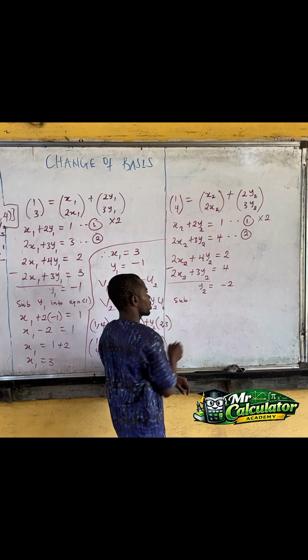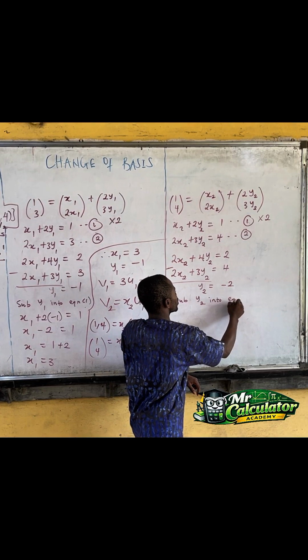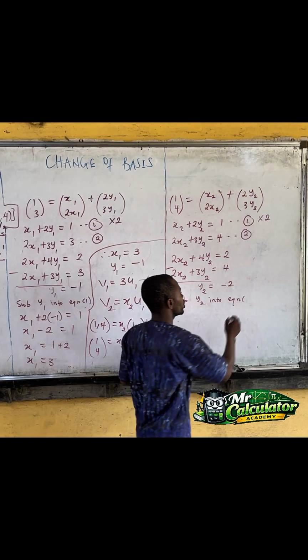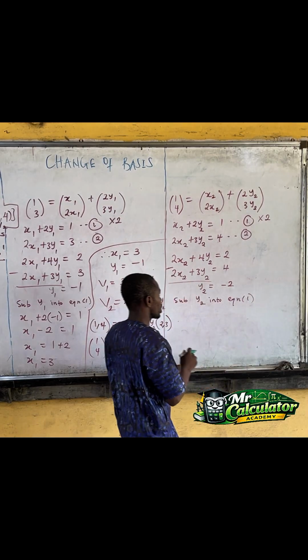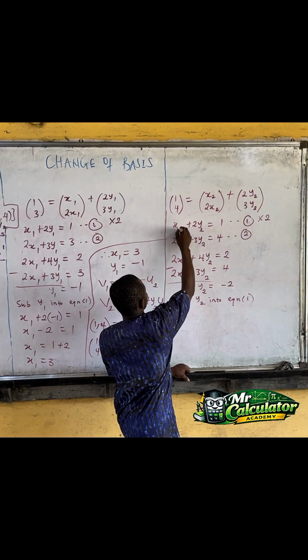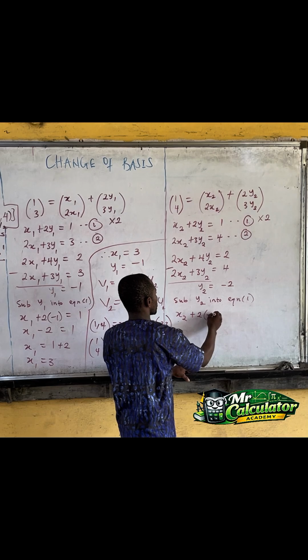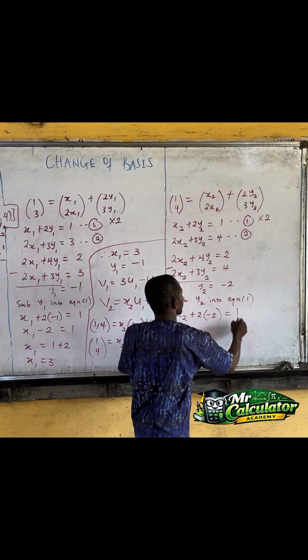Substitute y2 into equation 1 or any equation to generate your x2. So I'm using equation 1. This is my x2. x2 plus 2y2, what is y2? Minus 2. Equal to 1.